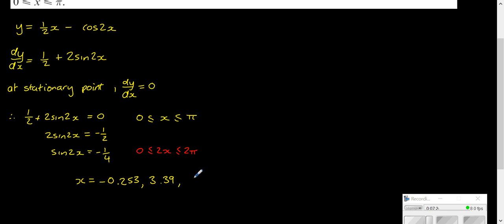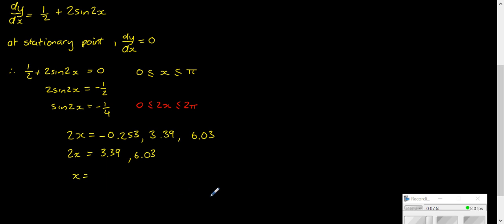So we end up with 6.03 to 3 significant figures. Now, if we kept going, the next solution that we would get would be this 3.39 plus 2 pi, which is going to be outside of our limit of 2 pi, 6.28. So the 2x values that we're interested in, that are in our limits, are 3.39 and 6.03.